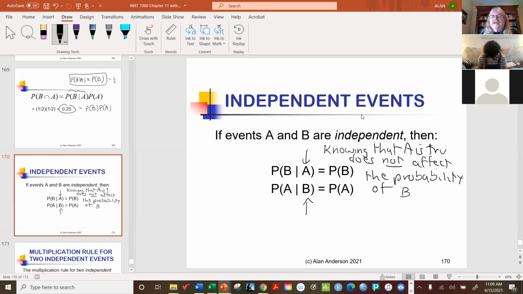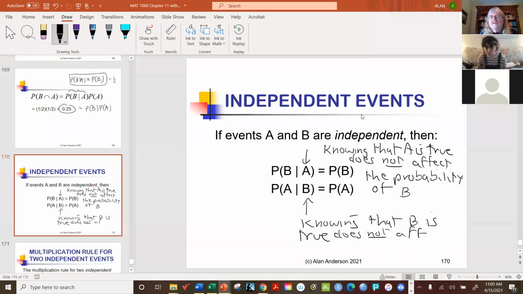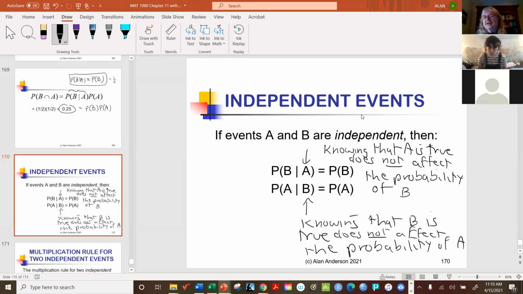In other words, in the second case, knowing that B is true does not affect the probability of A. Now, both of these have to be true. One of them is not enough. Independence implies that both of these conditions are met.